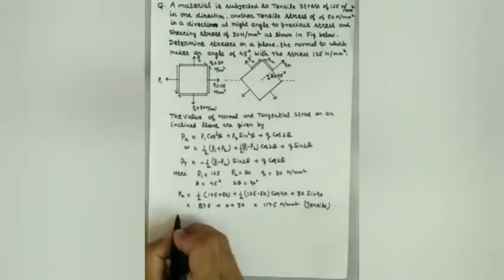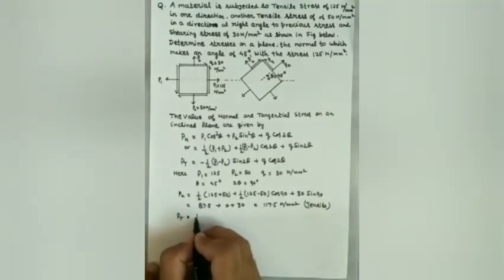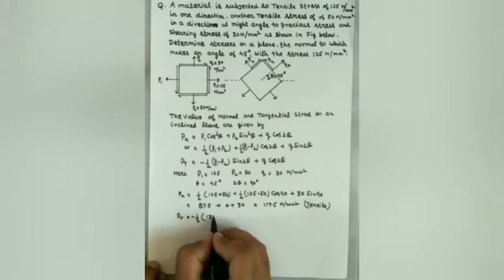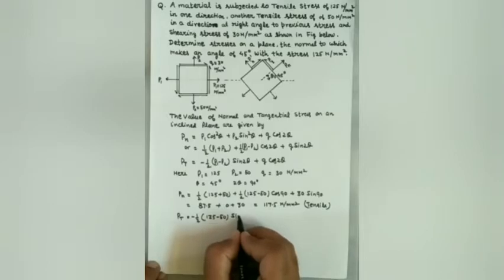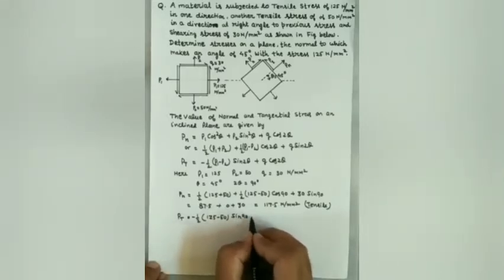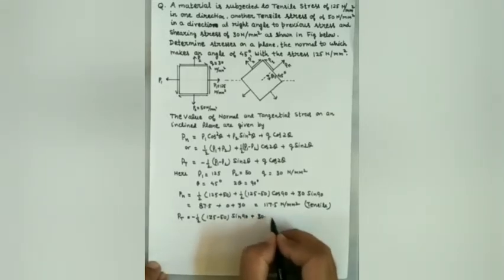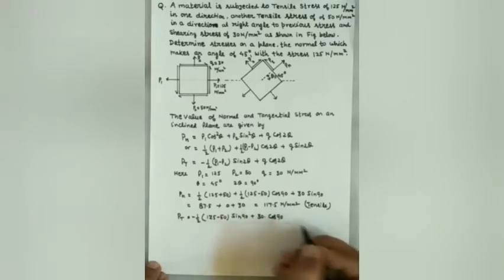Now calculating the value of Pt. Pt is equal to minus 1 by 2 (P1 minus P2), that is 125 minus 50, sin 90 plus 30 cos 90.